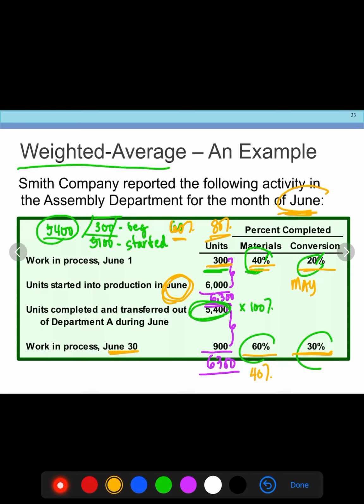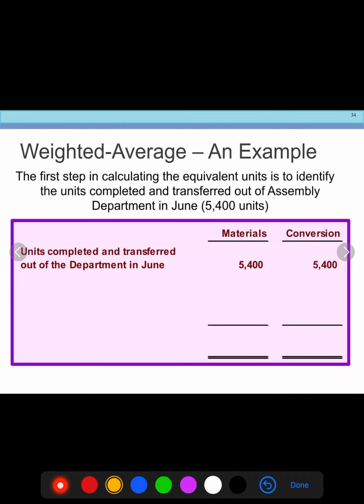Kung FIFO method yung gagamitin mo, yung 40% at saka yung 70% nito, i-report mo to sa July. Okay? So, later on, we will discuss it in more detailed presentation. But in this case, what we are using is the weighted average. Ano, siningitan ko lang class ng kaunting FIFO method.